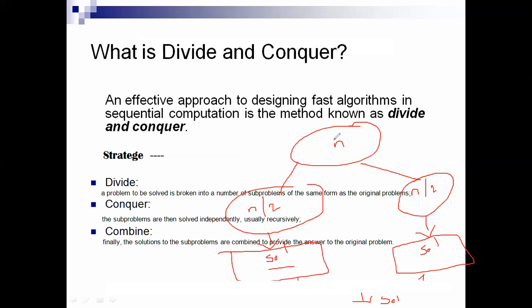This method we call the divide and conquer method. We divide the problem into subparts, find the solution to each, then combine those solutions. We call it the divide and conquer technique or approach.